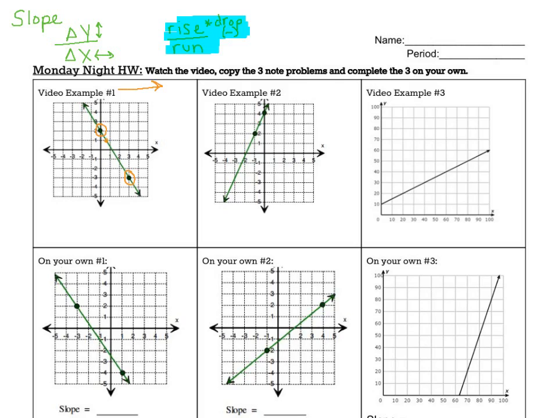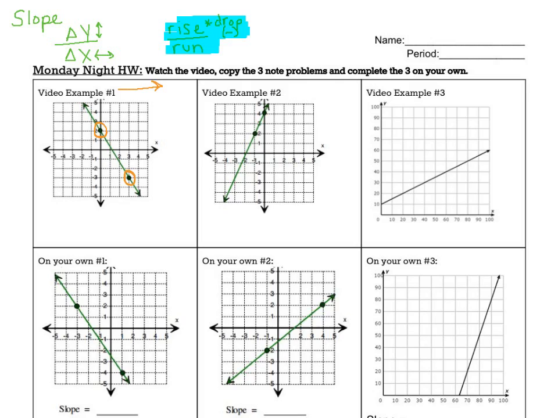This point right here is not a perfect intersection because it lands between 2 corners, and that means we don't know the exact value. We want to make sure that we're accurate and we know the value. So we are going to travel from this dot at (0, 2) to the dot (3, -3).